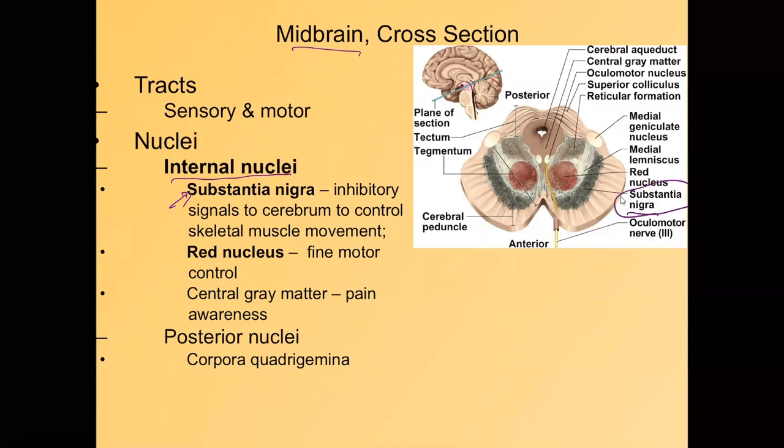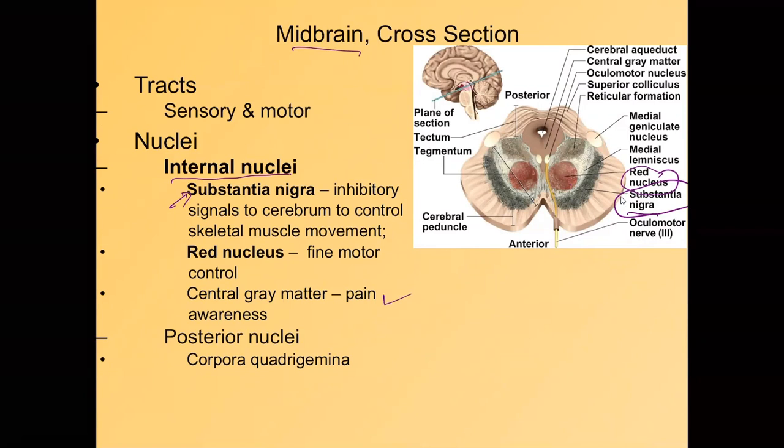What it does is it's going to help control skeletal movement and make it easier for you to walk smoothly. It also has the red nucleus, which allows you to have fine motor control. And then the central gray matter, which is going to help you be aware of pain.